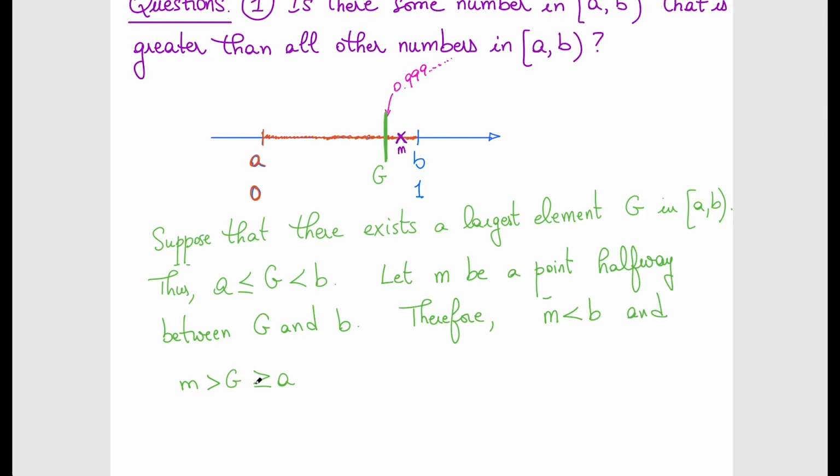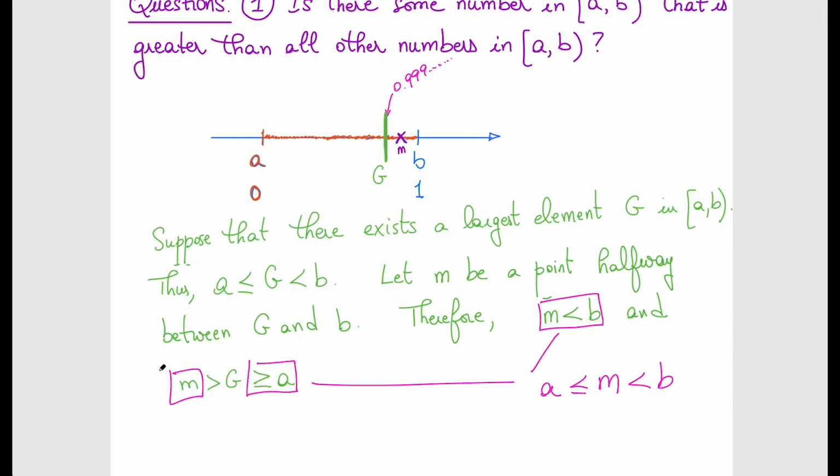So now if you put things together, what can you say? You have M smaller than B and M bigger than A, so these two allow you to write that M is greater than or equal to A and smaller than B, correct? Maybe I should box this guy.